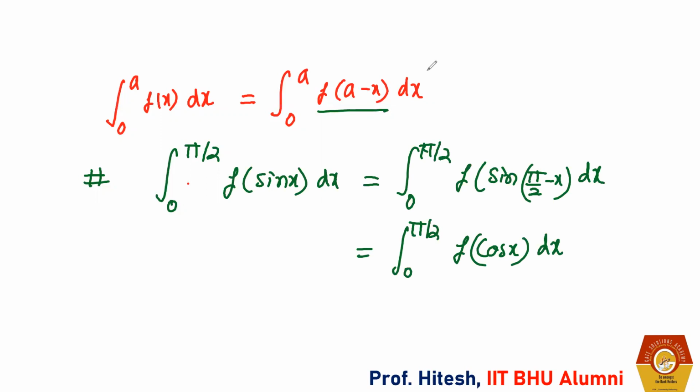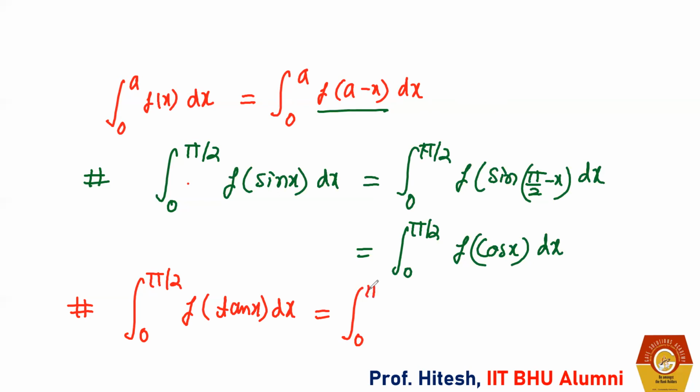Understood? Similarly, you can say the integral from 0 to pi upon 2 of f of tan x dx is equal to the integral from 0 to pi upon 2 of f of tan of pi by 2 minus x, means cot x dx. Likewise you can write it. Chaliye, so let me solve one question based on this.